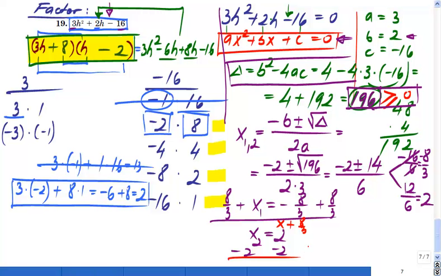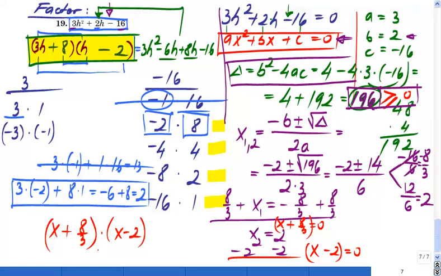And from the second one here, I will have x minus 2. Well, this one equals 0, this one equals 0. But these are basically your factors, right? So your trinomial could be written as what? x plus 8 over 3 times x minus 2, okay?